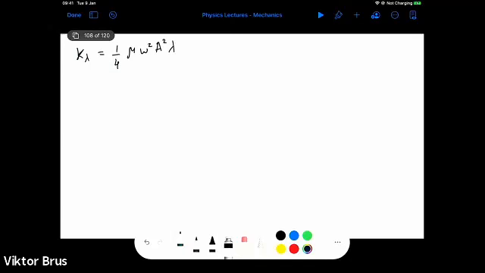So this part is done. We derived the equation which describes kinetic energy accumulated in this 1 wavelength of a sinusoidal wave which travels along the string.